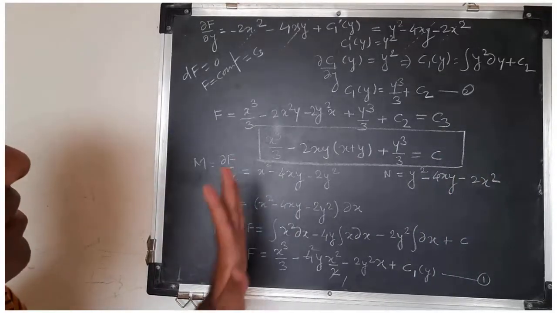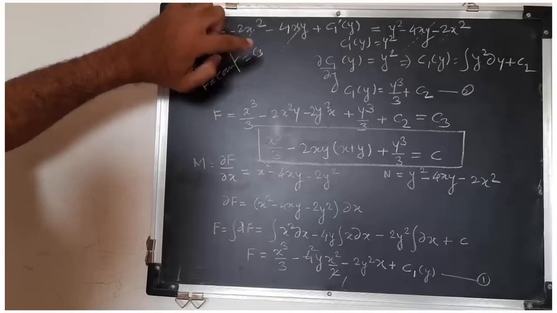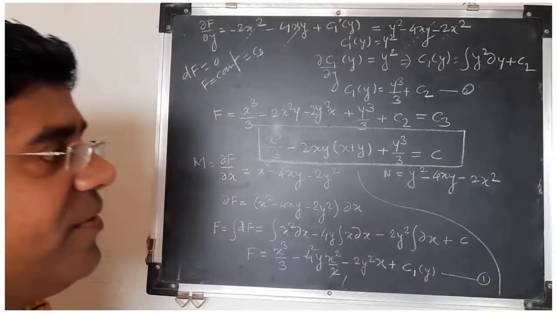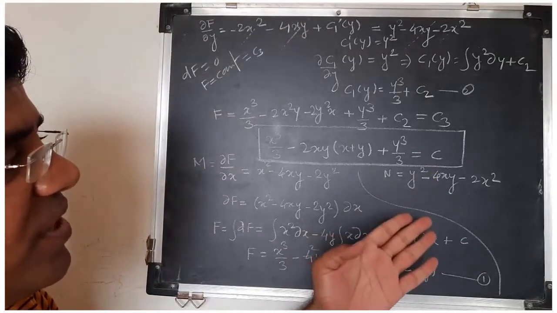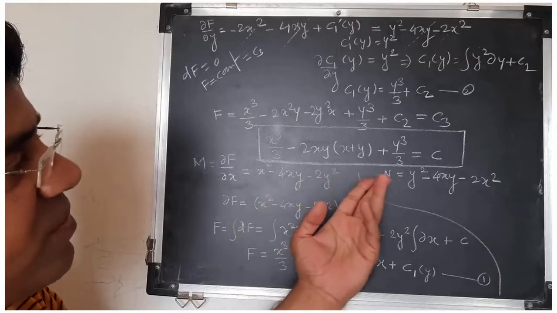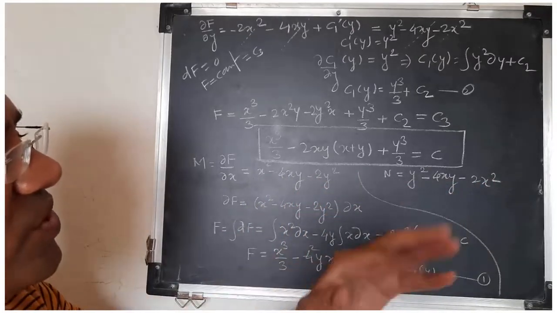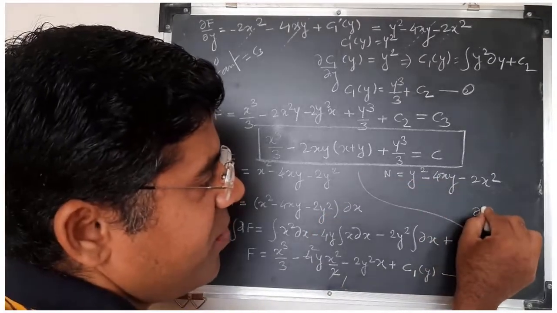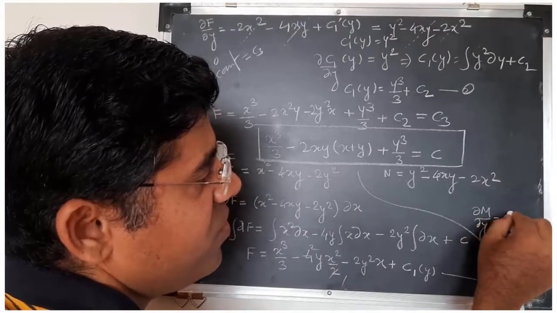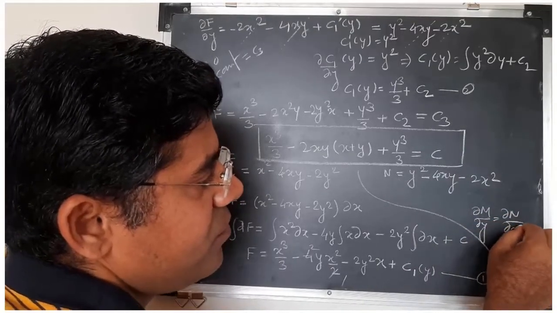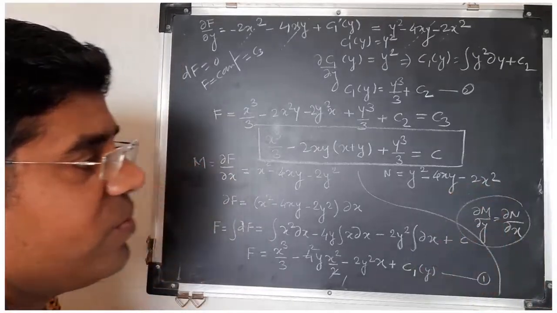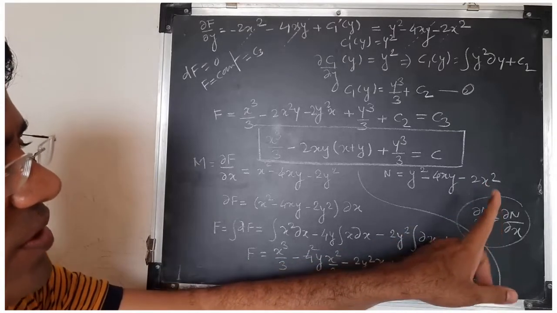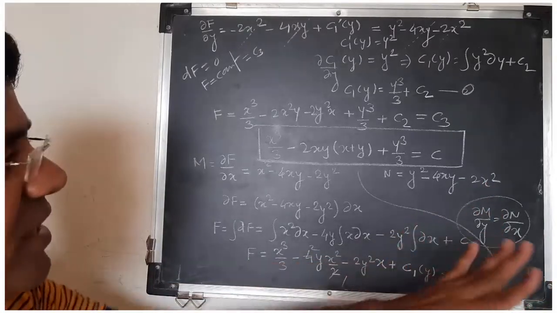My df is given as x square minus 4xy times dx plus the other function times dy, and you want to check first whether it is an exact differential. We proved that del M by del y equals del N by del x. From that condition we found that df should be equal to 0, and df is 0 means f is constant, which we have already got.